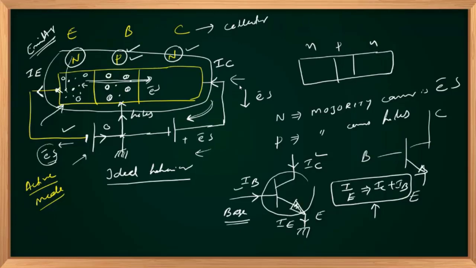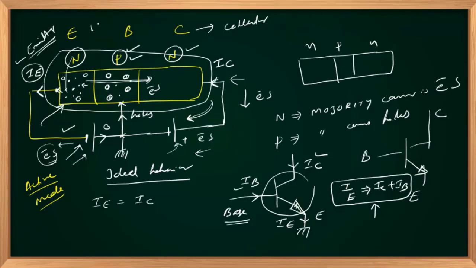Right? So if all the emitted electrons are collected by the positive rail of the collector supply, implies emitted electrons will be replaced by the negative pole here that constitutes an emitter current. And if all those emitted electrons are collected by the collector, implies the same collector current flows into the collector.